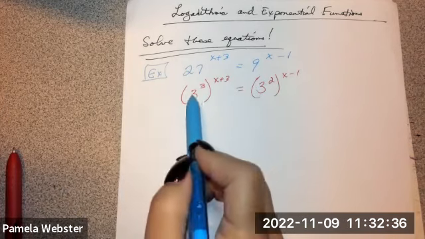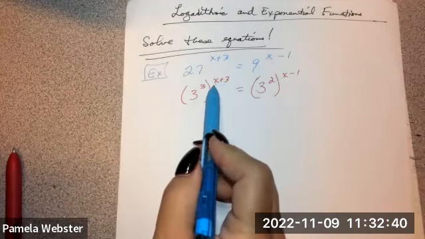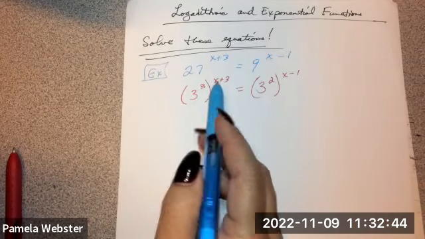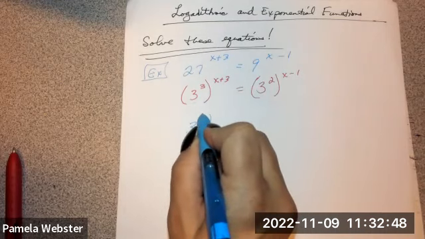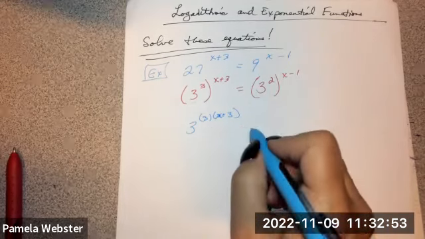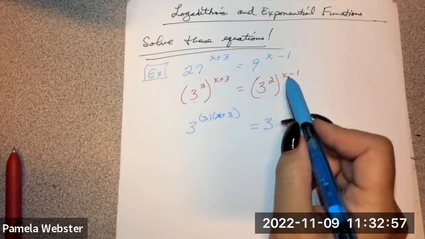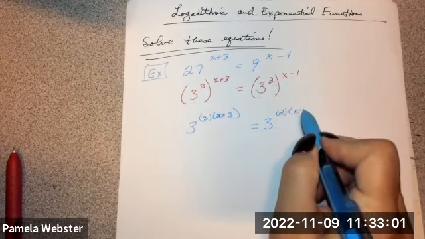So remember, whenever I have a base raised to an exponent, and that guy's raised to an exponent, this is exponent to an exponent, I multiply, right? Okay, so this is going to be 3 to the 3 times x plus 3, and we'll get that simplified in a second. And that's going to be equal to 3 to the, and same thing here, exponent to an exponent, we multiply, 2 times x minus 1.